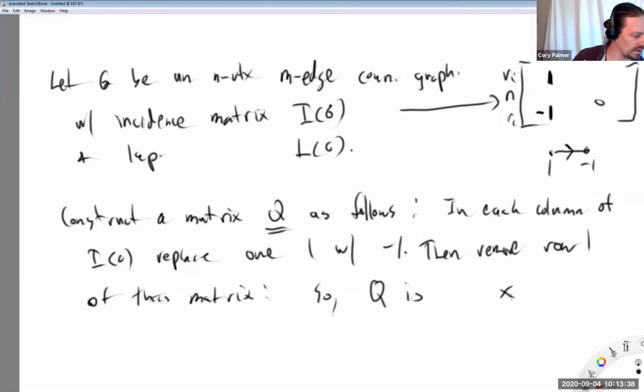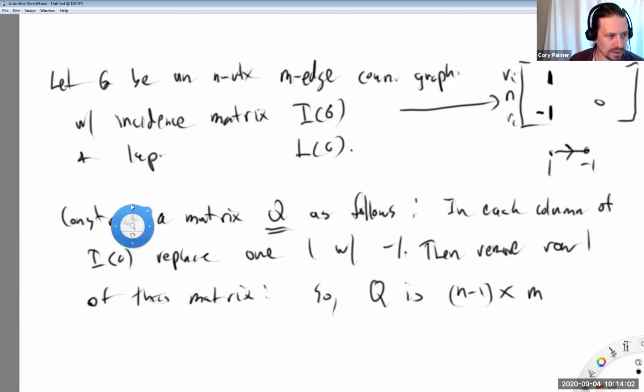How many rows does Q have? Like n-1, where n is the number of vertices. Yes, exactly. The incidence matrix had n rows because we have an n-vertex graph, and we removed the first row, so it has n-1. The number of columns is the number of edges. We didn't do anything with that; the incidence matrix has as many columns as that.